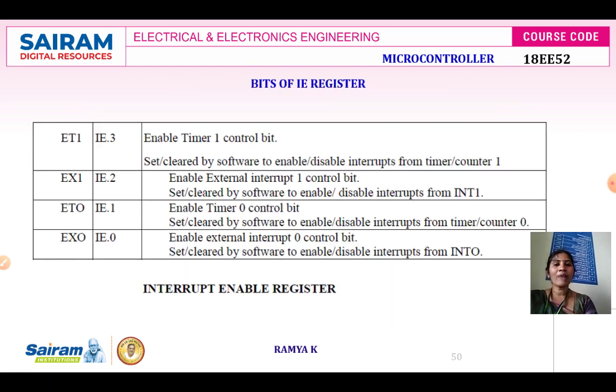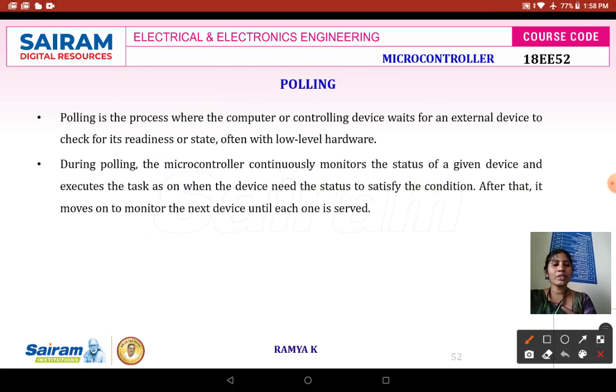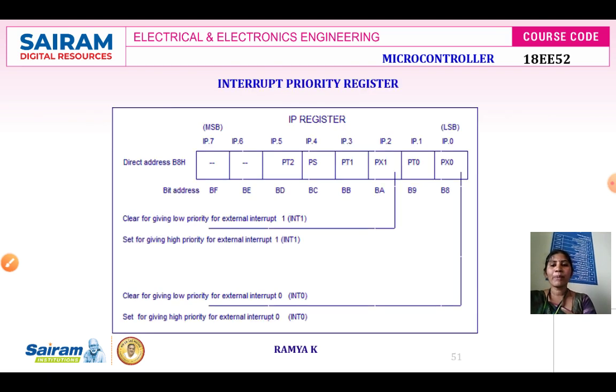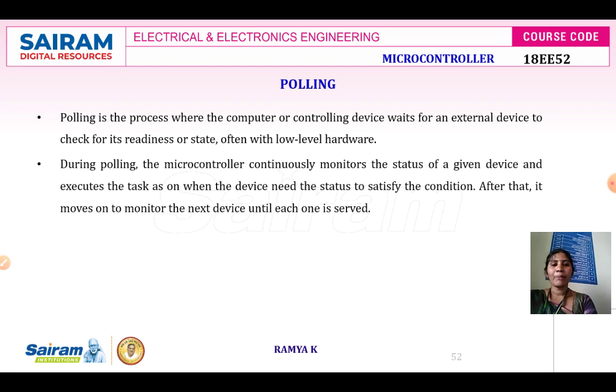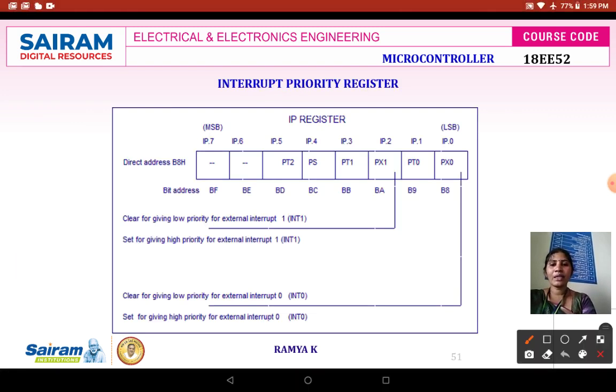To do so, you have a priority register, that is the interrupt priority register, whose bit pattern is shown over here, with PX0, PT0. This will explain in detail your interrupt priority register.